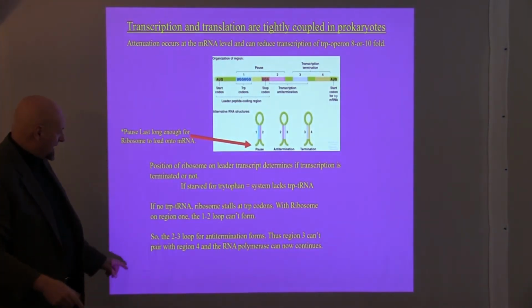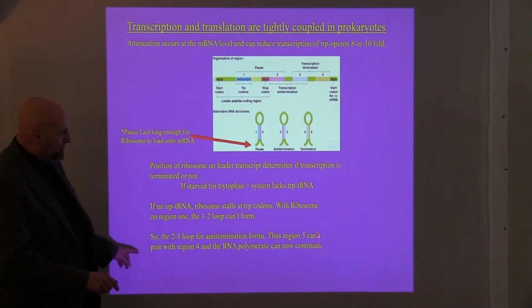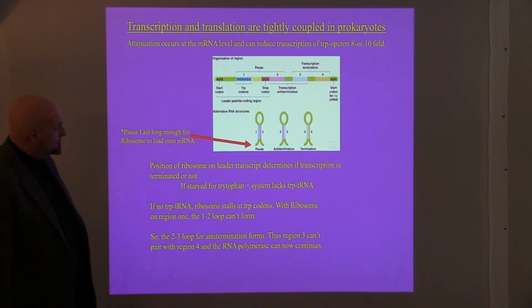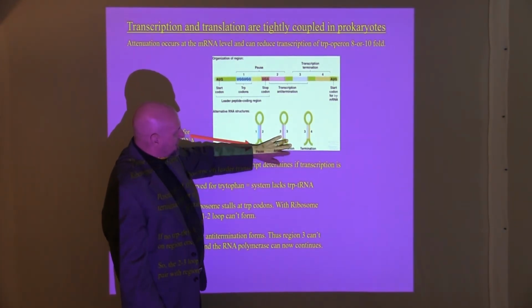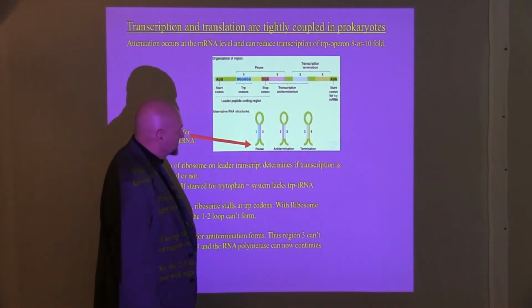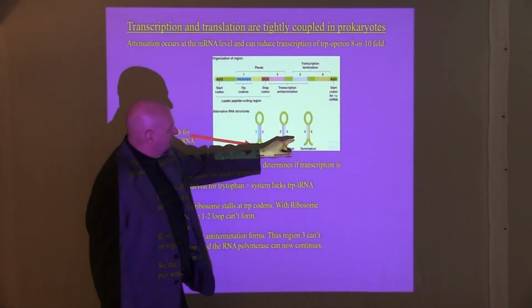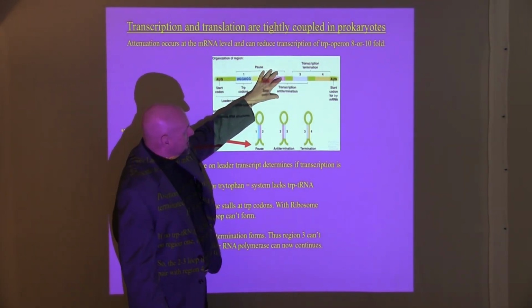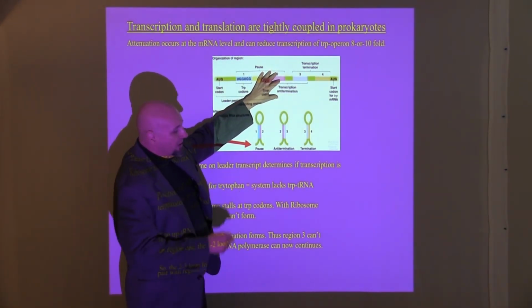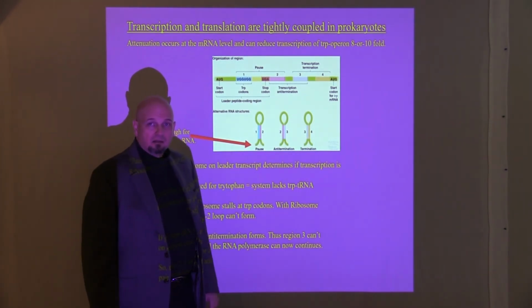So if the 2 and 3 loop for anti-termination forms, then region 3 can't pair with region 4. If region 3 can't pair with region 4, we have anti-termination. But here's the interesting part of this. If the ribosome goes past this and ends up here, then region 3 and 4 are now able to combine.